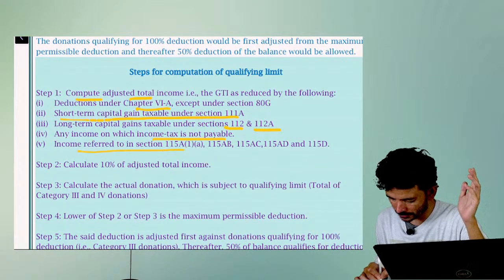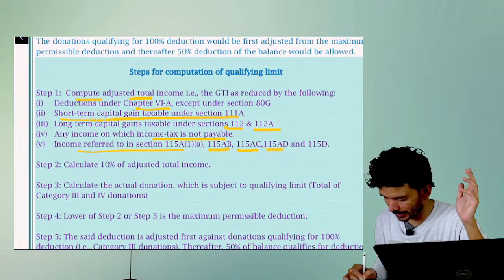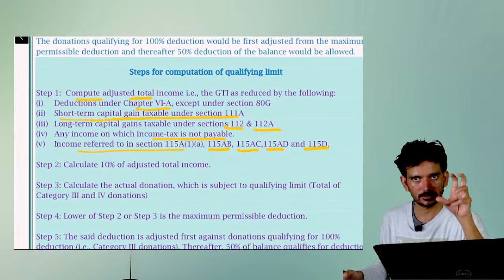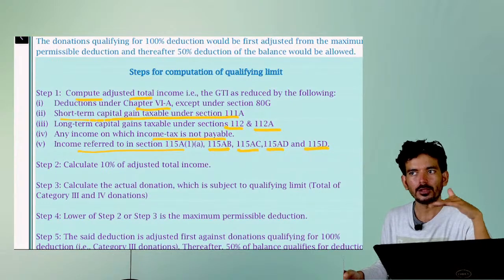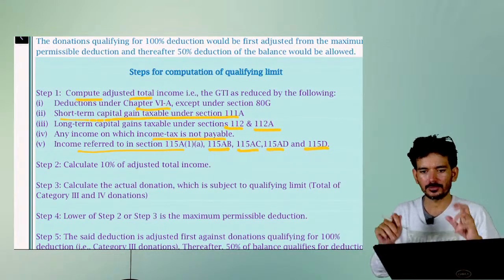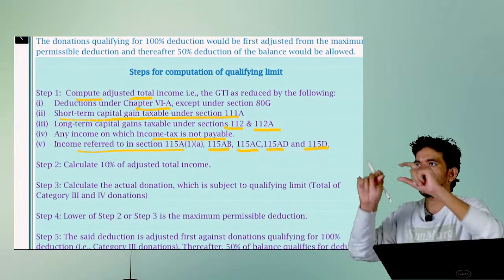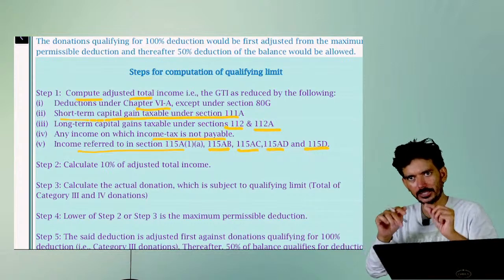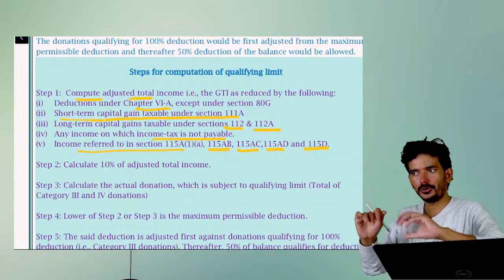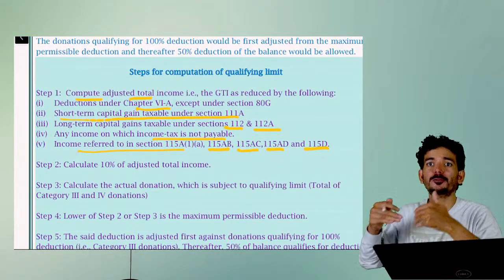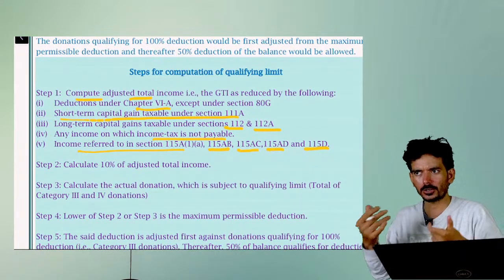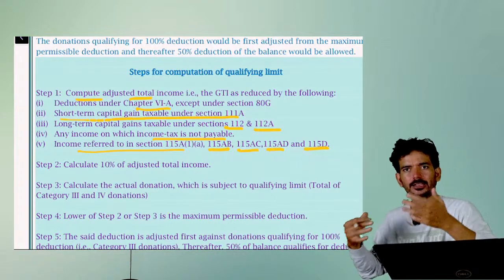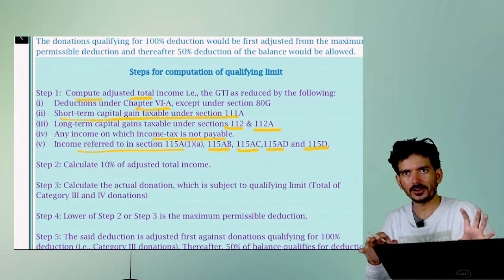And then income referred to in 115A, 115AB, AC, AD, AE. There are certain specified incomes which are taxable at a specified rate. They are all removed. See, in examination, put it very bluntly, you calculate the gross total income, you deduct all chapter 6A deductions ATC to ATU except ATG, and you deduct anything that is taxable at a specified rate, be it short-term capital gain, long-term capital gain, 112, 112A, 115AB, AC, AD, there are a lot of sections which are taxable at a different rate, that you remove.